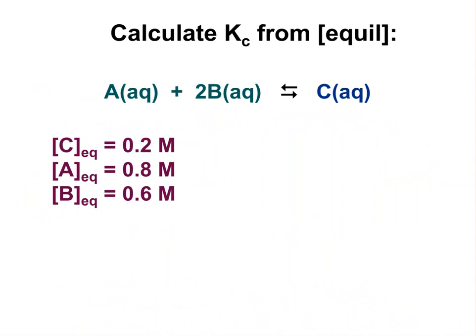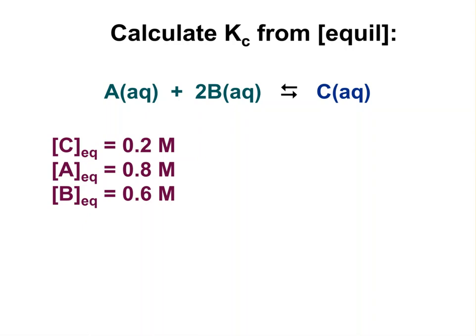Let's look at calculating an equilibrium constant. Say we put together A and B, and we let it sit for a while and reach equilibrium. After it reaches equilibrium, we determine the concentration of each one. So these are equilibrium concentrations after it's mixed and it's reached its happy place.